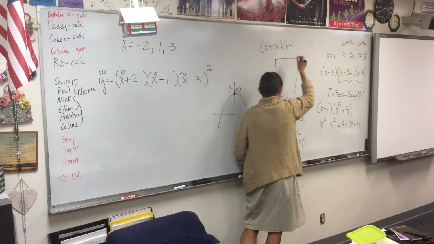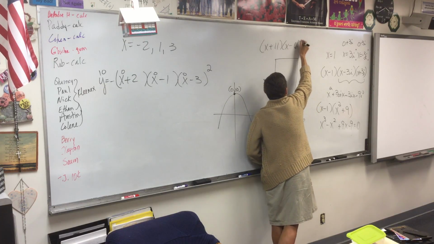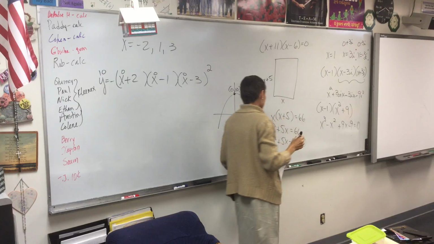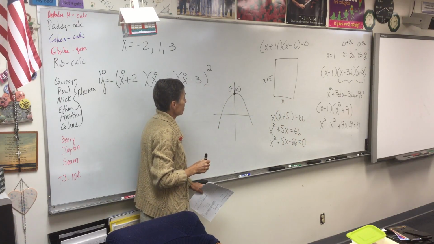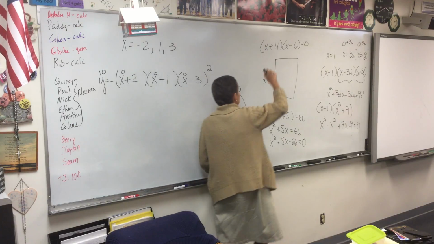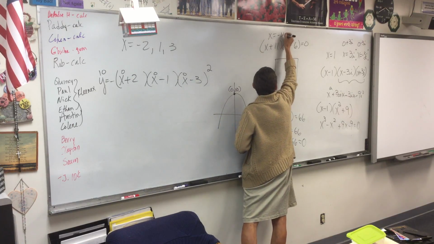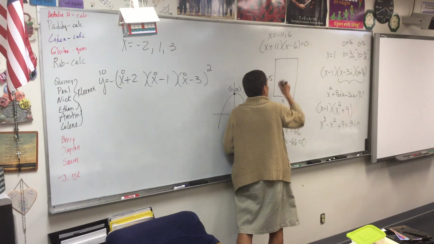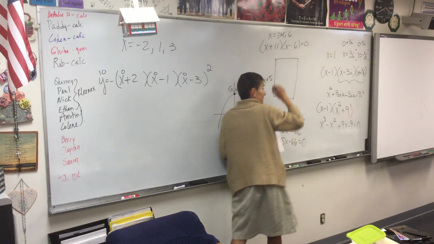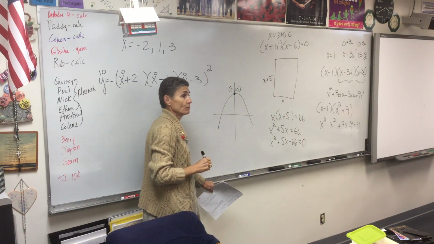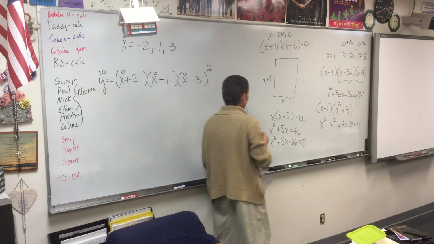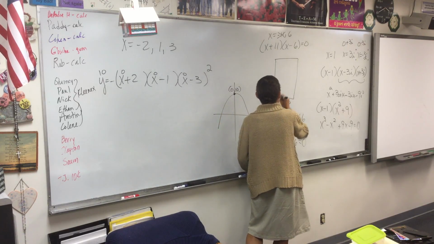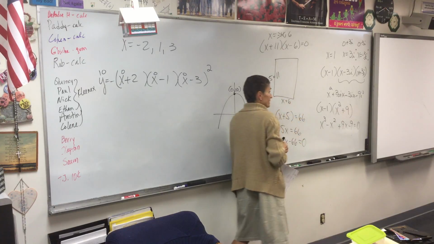If you can see that, great. If not, then use the quadratic formula. So my answers are negative 11 and 6. But it can't be a negative. That's what we call an extraneous root, right? Can't be negative 11. So therefore, the width is 6 and the length is 11.